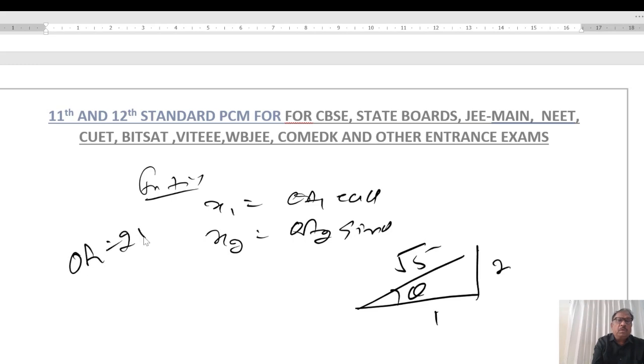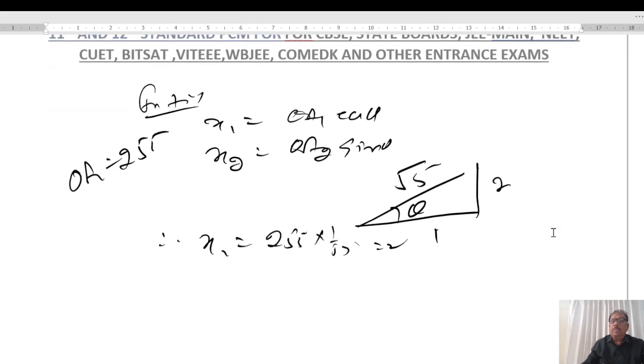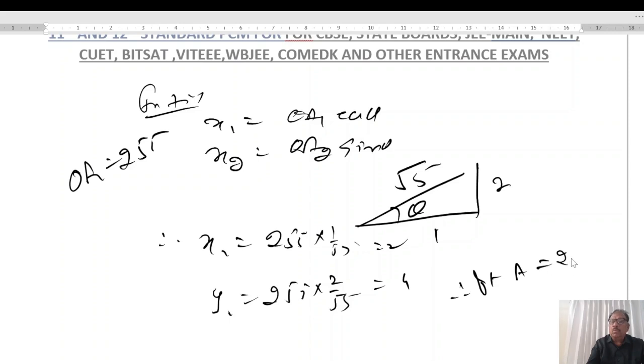OA1 is 2 root 5. Therefore, x1 comes out to be 2 root 5 into 1 by root 5, that is 2, and y1 is 2 root 5 into 2 by root 5, that is 4. Therefore, point A1 will be (2, 4).